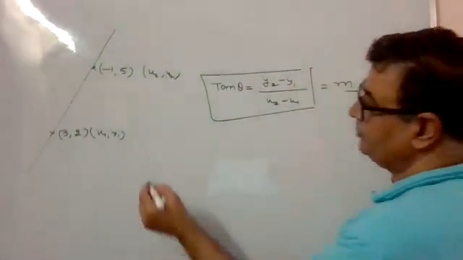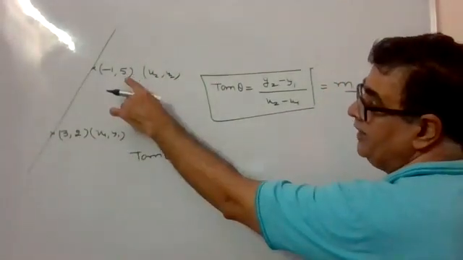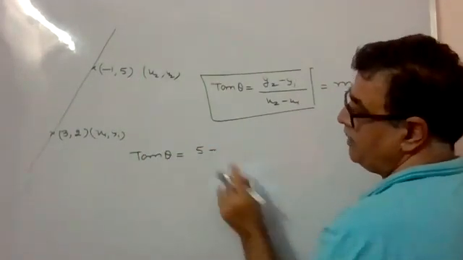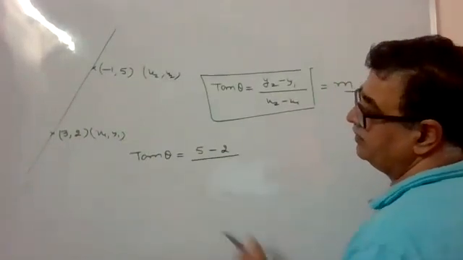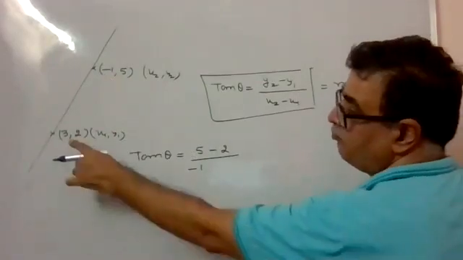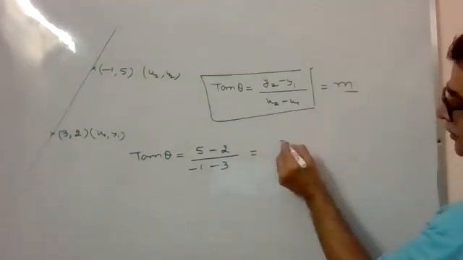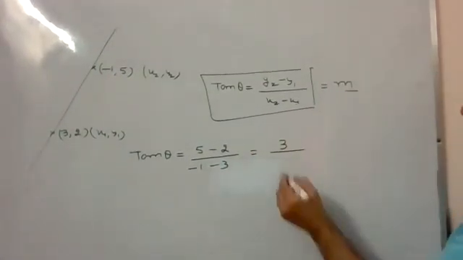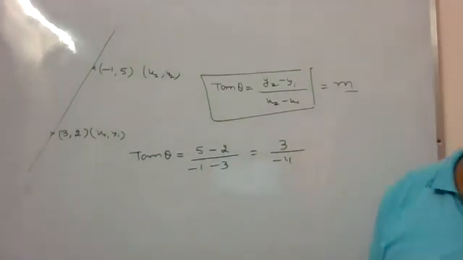So what should tan theta be this time? y2 is 5, minus y1 which is 2, divided by x2, which is minus 1, minus 3. 5 minus 2 will be 3 here and the denominator is minus 4. So what is the slope we have now? Tan theta is coming as minus 3 by 4, which is the slope of this.